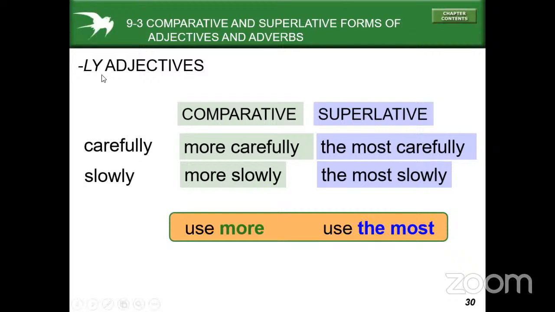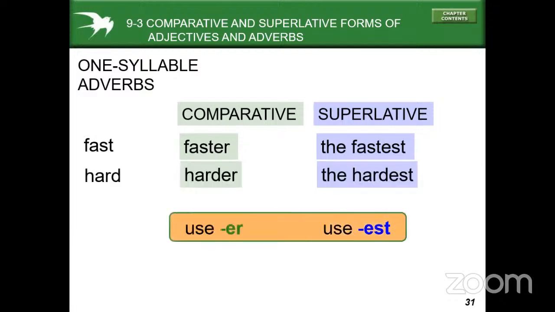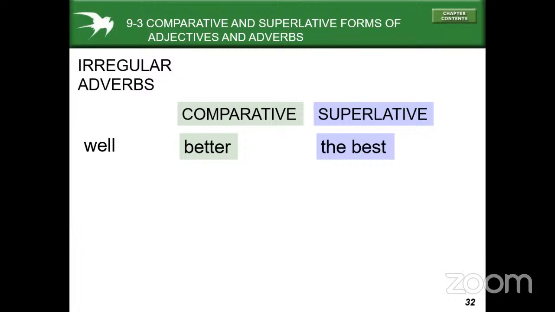But usually when it ends in ly, carefully, more carefully, slowly, right? Just more and the most. And fast is just one syllable adverbs. Of course, in that case, we're gonna only add er and est. Like faster, the fastest, harder and the hardest. So est and er, depending on if we are using comparatives or superlatives.